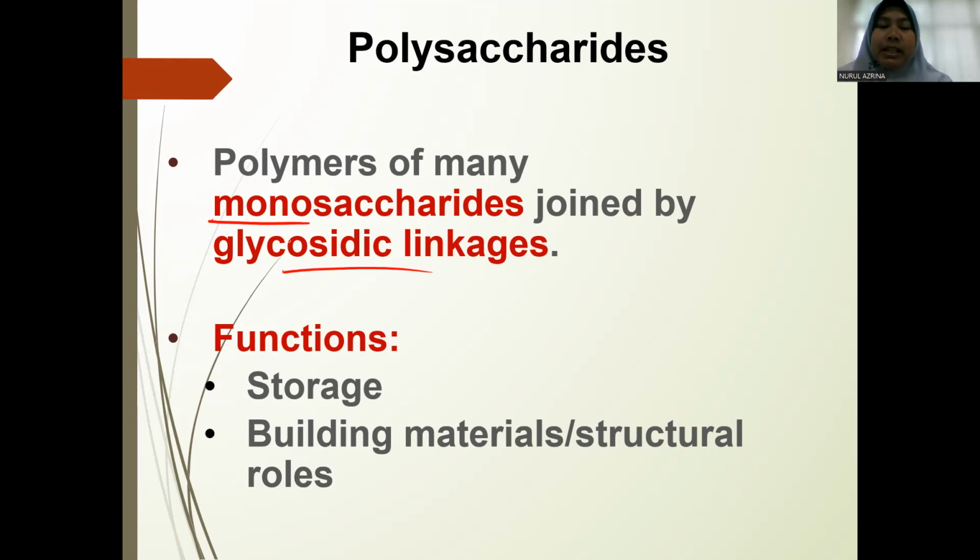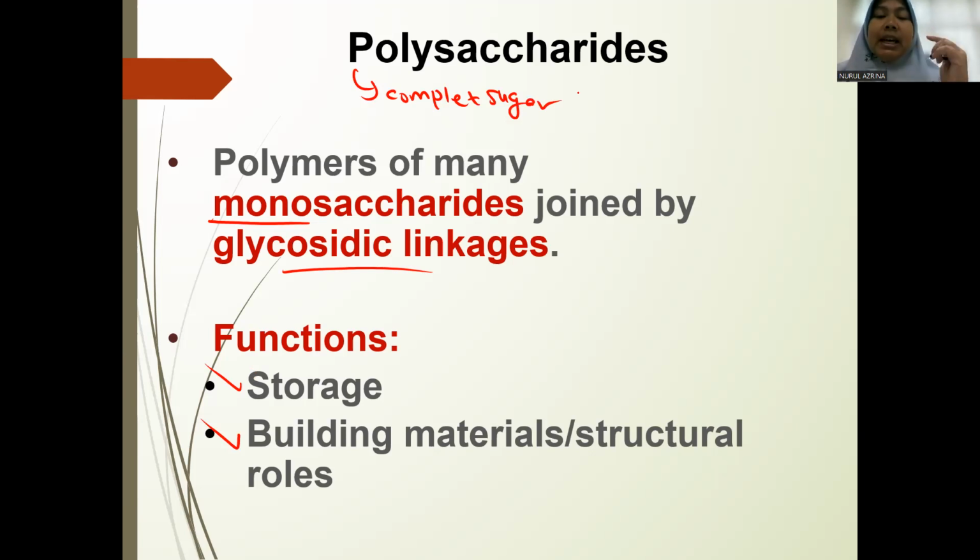The function of polysaccharide is for storage and also for building material. Apa guna polysaccharide? Ataupun bahasa Melayu polysaccharide ni kita panggil gula kompleks. Complex sugar. So what is the importance of complex sugar?